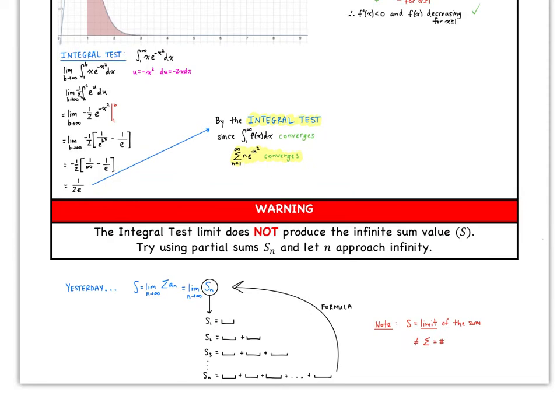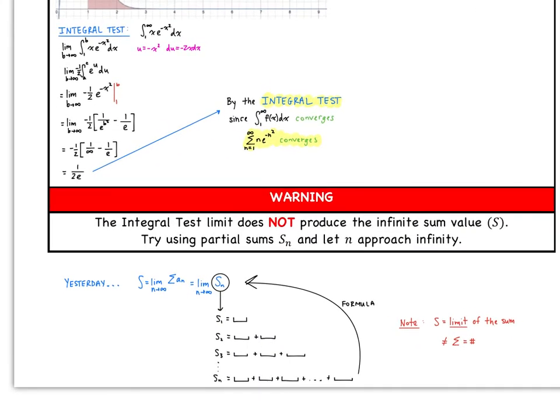One warning we need to discuss is that the integral test limit does not produce the infinite sum value. This doesn't tell us what the sum of the series is. Those are not the same thing. This just tells us that the integral converges, so we don't know what the series converges to.